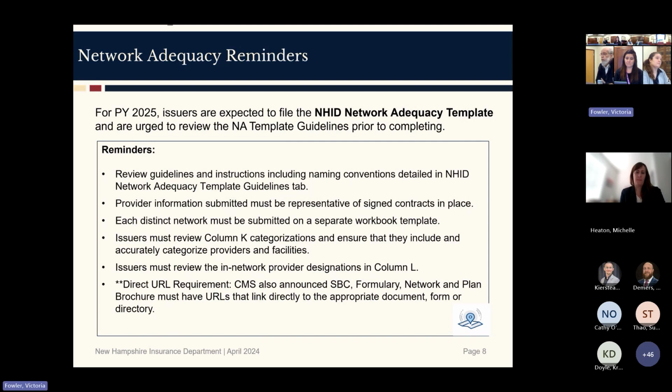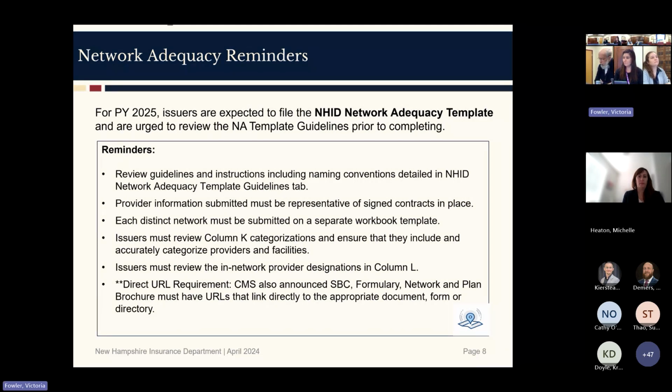Please remember to put one network per worksheet. We do not want to see multiple networks on a worksheet. Please make sure that you review and include all pertinent information under columns K and L. This is in reference to the out-of-network providers and the in-network facilities.